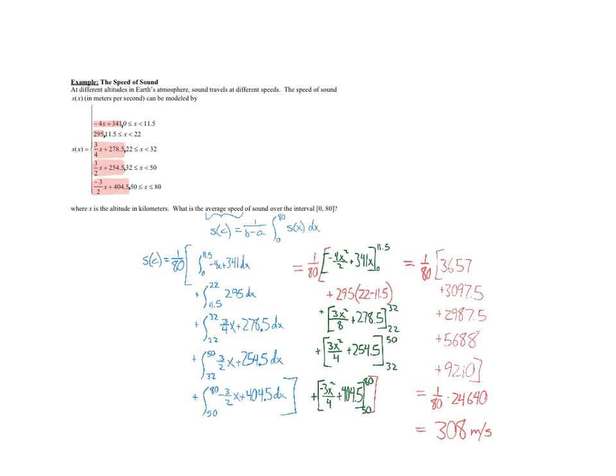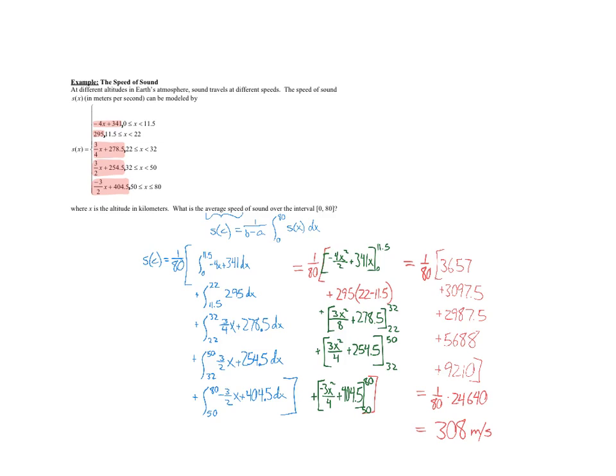So 308 meters per second is the average speed of sound based on this model. If we were to figure out exactly where along that whole thing this occurs, that would tell us the altitude at which we had the average speed of sound.